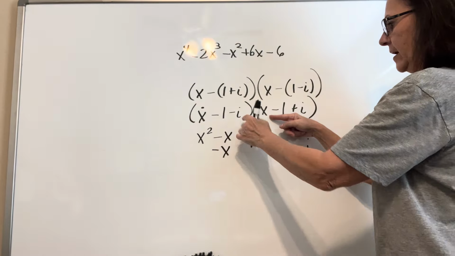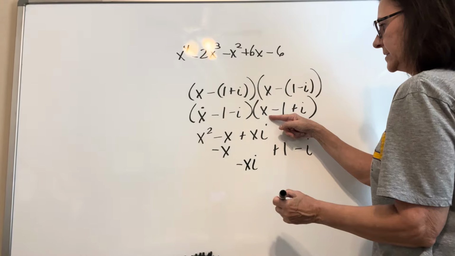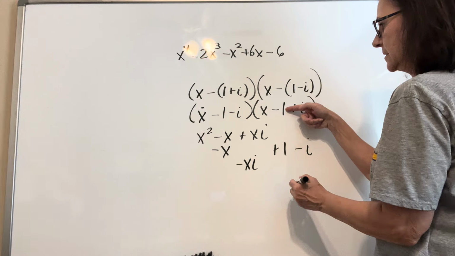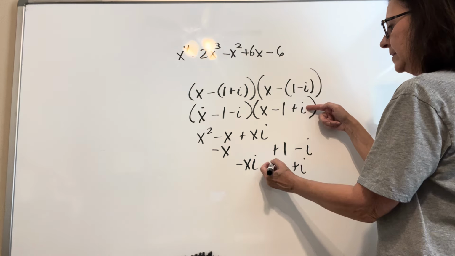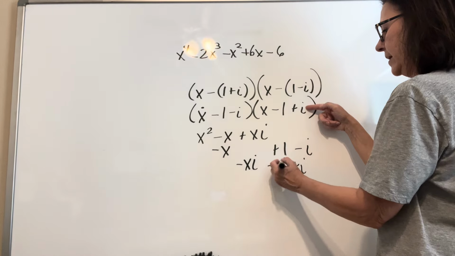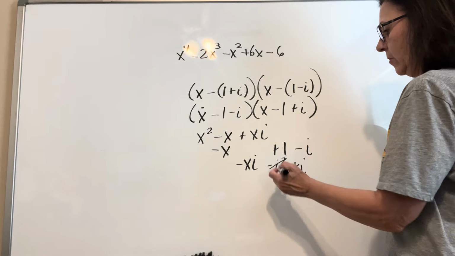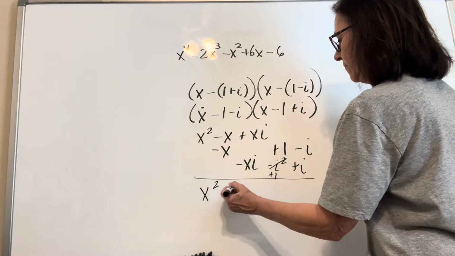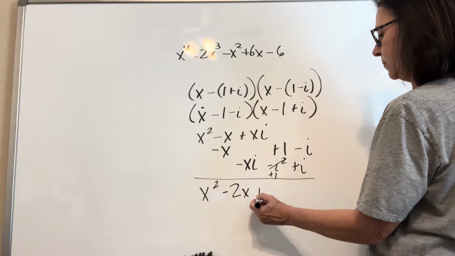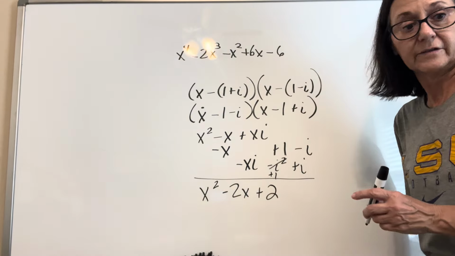I'm going to distribute the i. It's going to be negative xi, plus i, and minus i squared, which is going to be plus 1 because i squared is negative 1, right? So we end up with x squared minus 2x plus 2. All right, so that's going to be one of our factors.